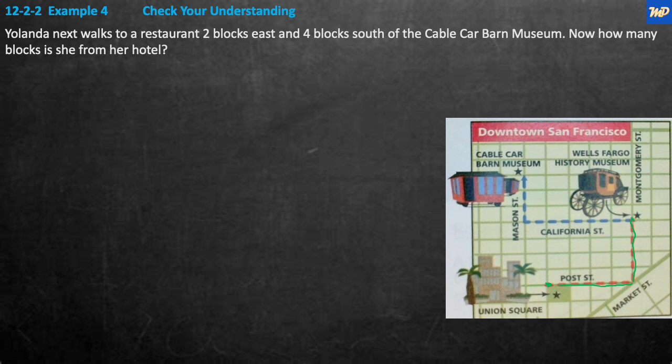She ended up at the Wells Fargo History Museum, and then she walked 5 blocks west, and 3 more blocks north to the Cable Car Museum. Okay, now they're saying she's walking 2 blocks east and 4 blocks south of the Cable Barn Museum. How many blocks is she from the hotel? Go ahead and figure it out, and when you come back, we'll finish it.